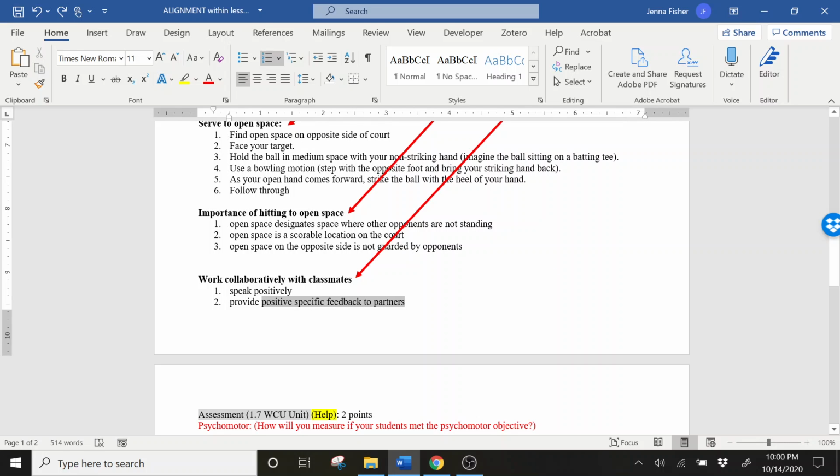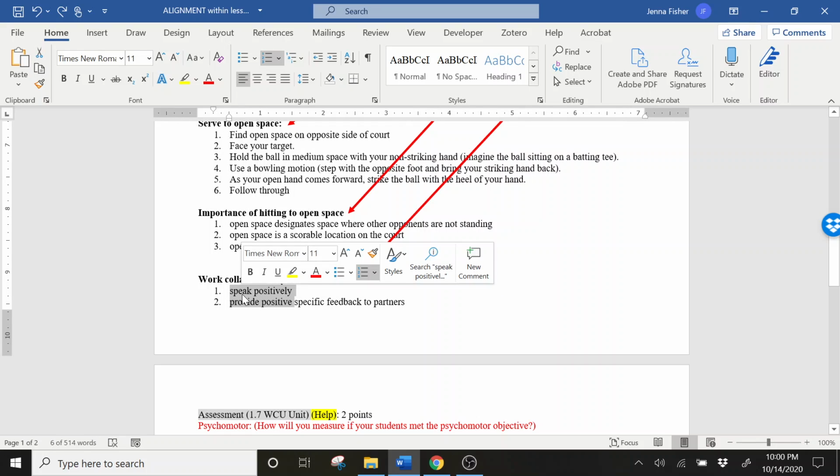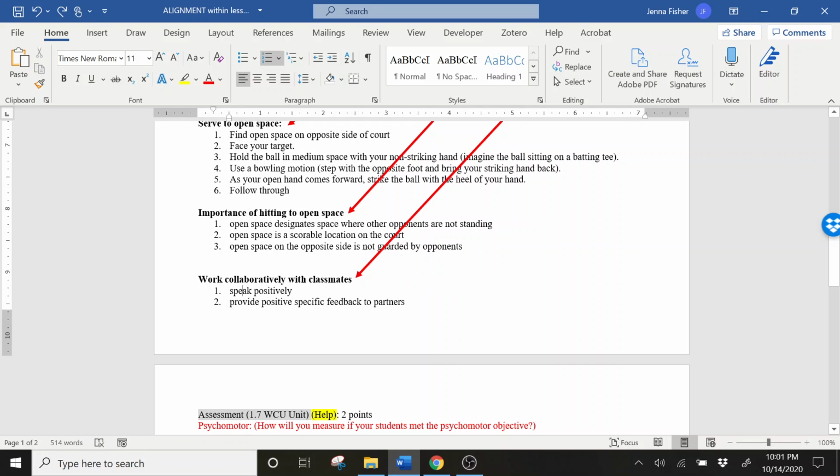Now, keep in mind, I only have two criteria here. Most often, you do want 3 to 5. You remember that from studying for the midterm critical elements: you do want 3 to 5. That's the best. Because this is an affective objective, I'm a little bit more lenient there, only for the affective objectives.